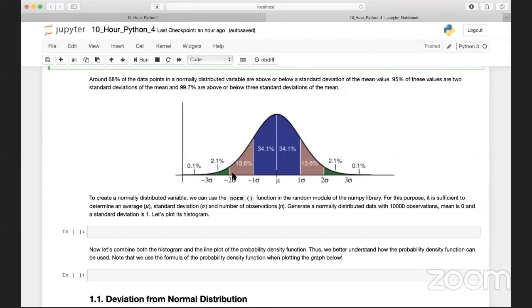And if you do the same thing to the right, you almost cover 95% of the data. Okay, 95% of the distribution. You see, what is left is the left tail and right tail.